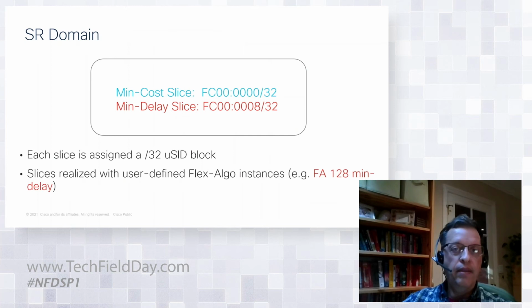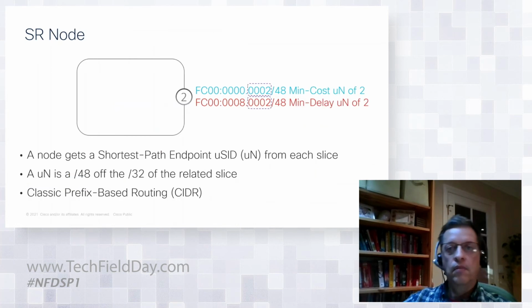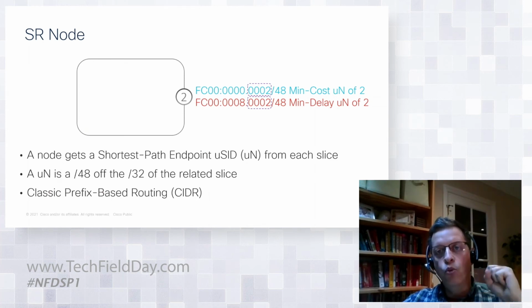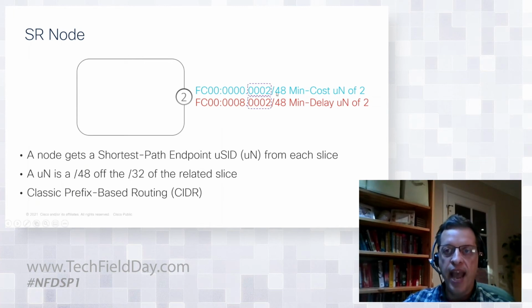Now, back to my hypothetical network, as I mentioned, 2 blocks, one for delay and one for cost. I go into device number 2. This particular device will now have participation in both blocks. It's going to have an instruction that means come to 2, minimizing the IGP cost, and that will be my /48 in blue. And I'm going to have similarly a /48 that means come to 2, minimizing the delay.